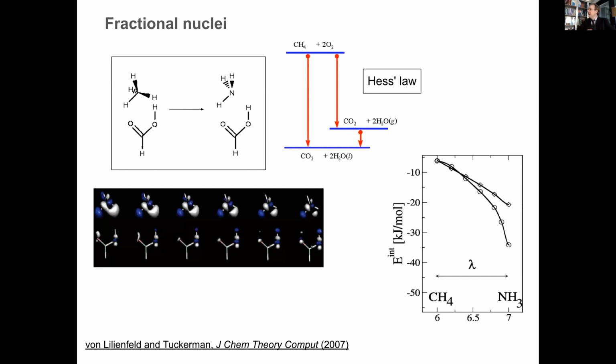So here you see, going back in time, these first changes in the electronic structure. What we have here on the right is the nuclear charge of the heavy atom. But of course, at the same time, the proton is scaled down correspondingly, so the whole complex is totally charge neutral.